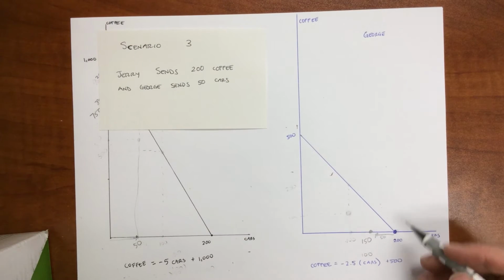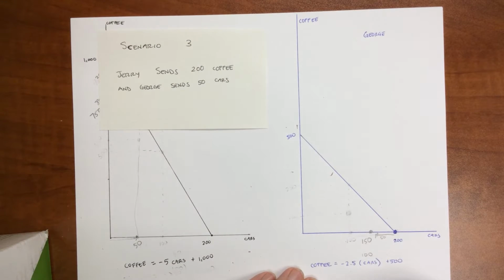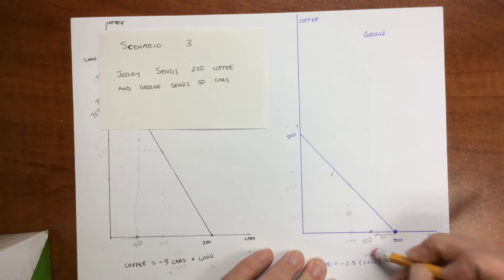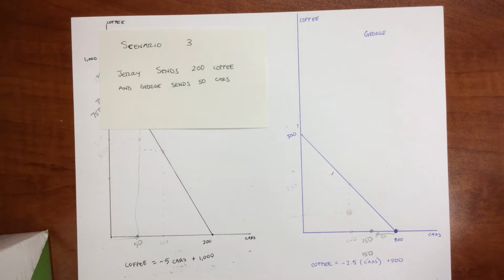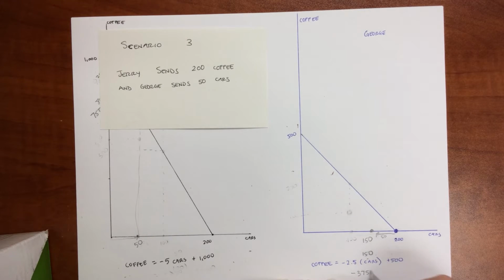Well, let's see if George likes this deal. George is going to have at the end 150 cars. So let's put 150 in here. So we have negative 2.5 times 150, and that's 375. So it's negative 375 plus 500.